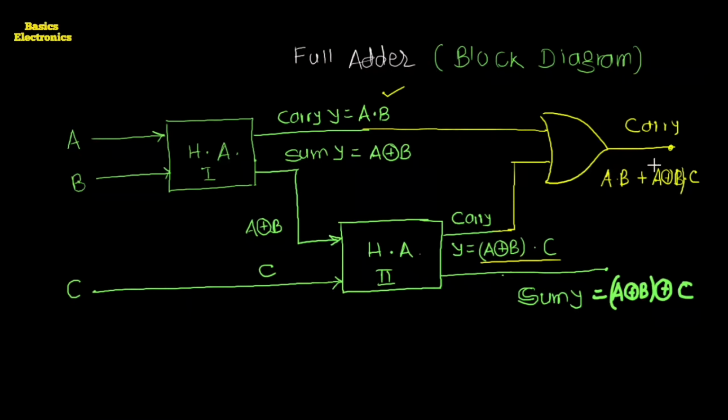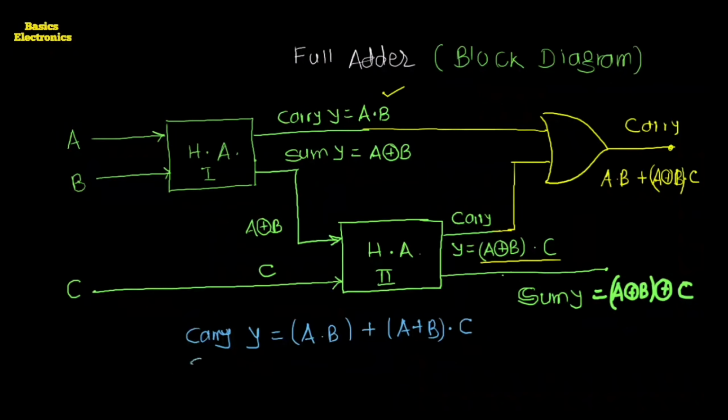I am going to write both equations once again, the carry equation and the sum equation. The carry equation is Y equals A dot B, which is the first carry, plus (A XOR B) dot C, which is the second carry, generated from the second half adder.